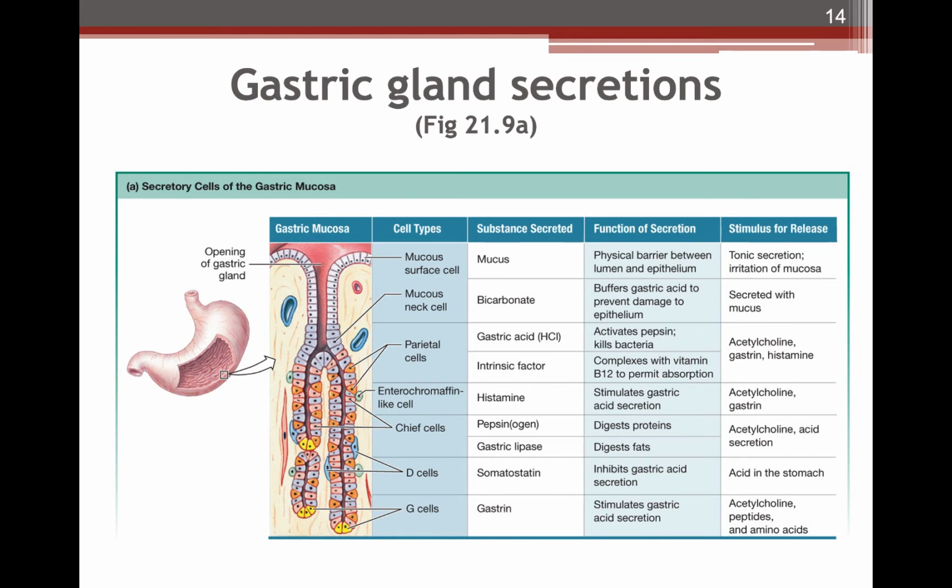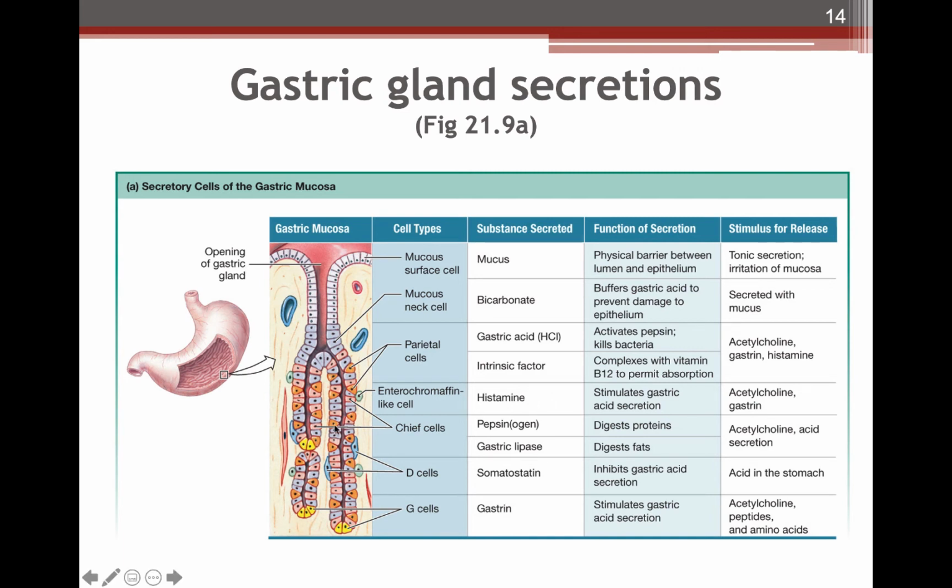Down inside these folds are many of these gastric glands that you see here, which have a whole bunch of different kinds of cells, all interspersed within a given gland. And this table is really great to point out these cells.